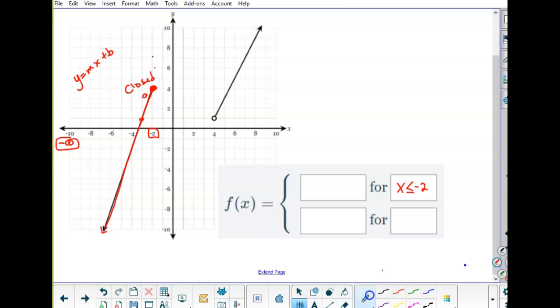See how if this was continued, it would hit that y-intercept. So what do I have? I have a slope of 3 and a y-intercept of 10. So that would be 3x plus 10.